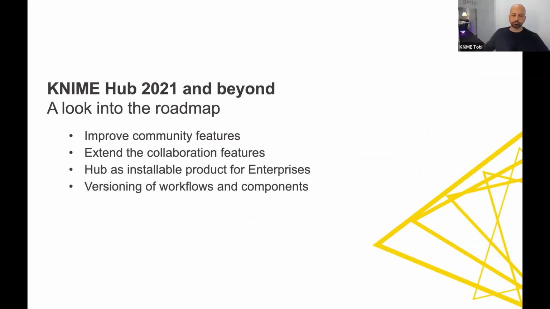Okay, so thanks for all your comments. Now I want to give a quick overview of what we actually have on the roadmap already. So this might be already quite in line with your comments and might cover some of your wishes quite well. So the first thing is we want to continue improving community features.